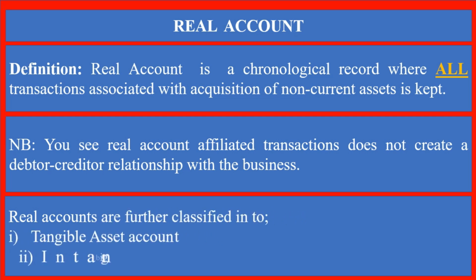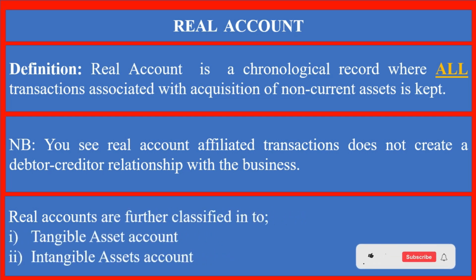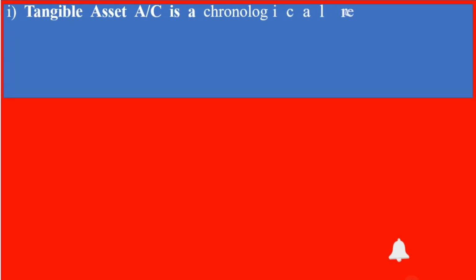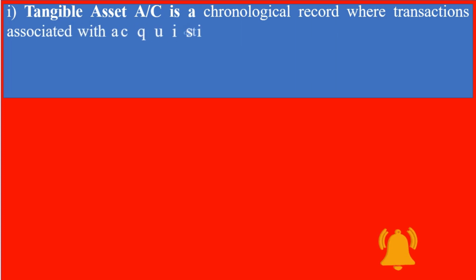Further, real accounts are divided into two: Roman 1, the tangible asset account, and Roman 2, the intangible asset account. Let's go straight to Roman 1, the tangible asset account.